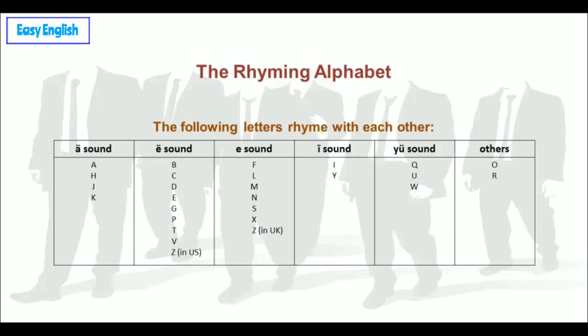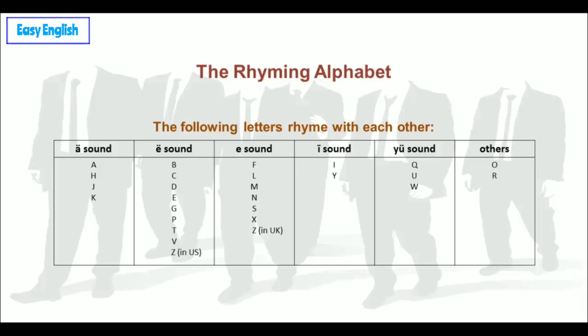A, H, J, and K. And the long E sound. B, C, D, E, G, P, T, V, and Z as it's pronounced in the United States.